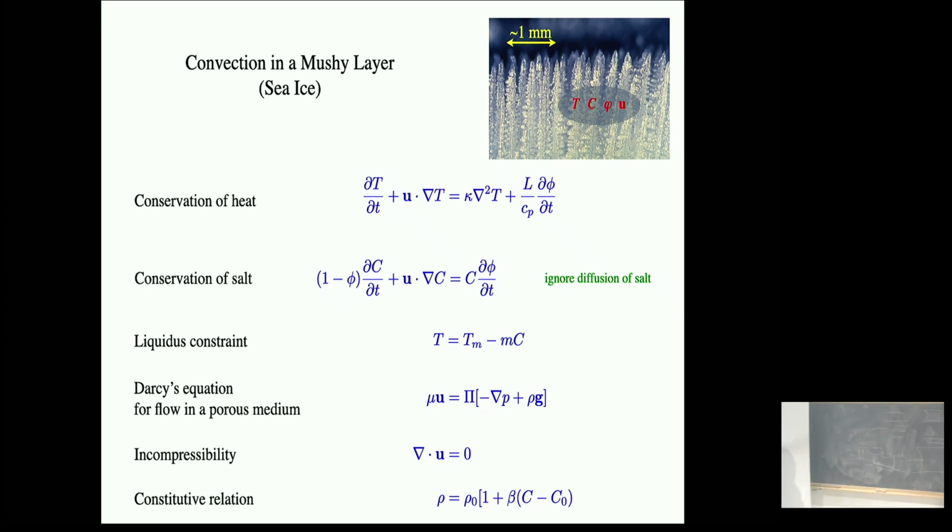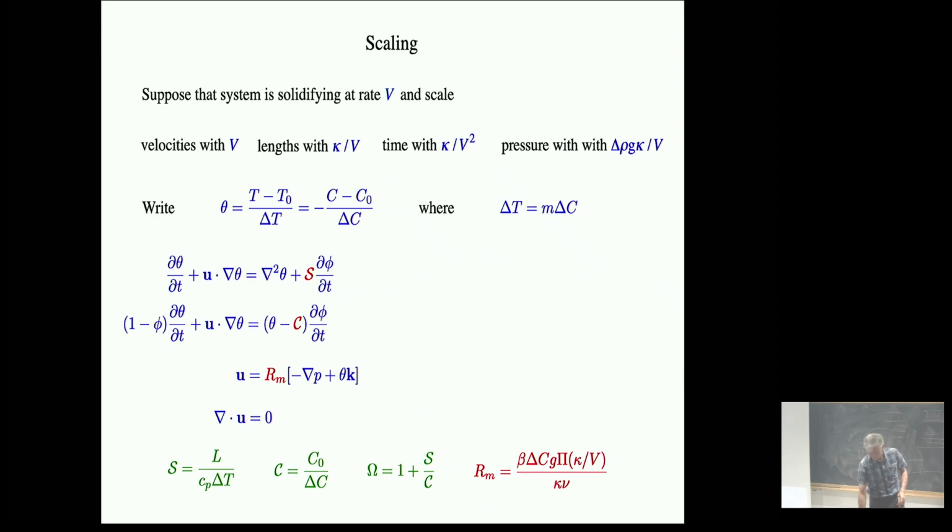In this system, we're at about 5% solid. May not look like it, but we're at about that level. And it turns out you can make a really nice simplification of these equations that allows you to make analytic progress and to generate some physical understanding and intuition. Okay? So that's what this slide is about.